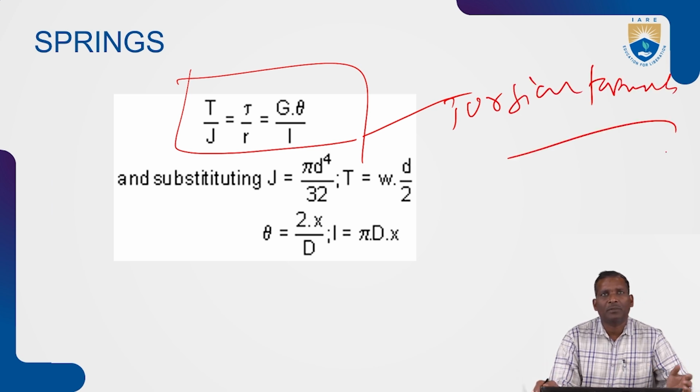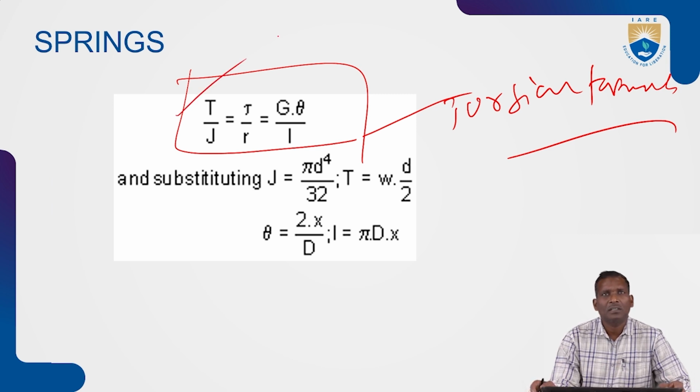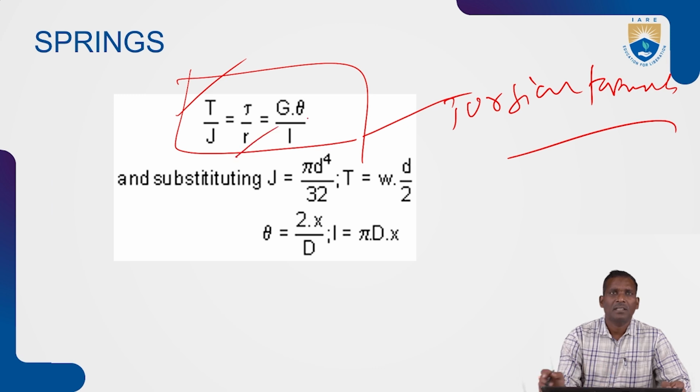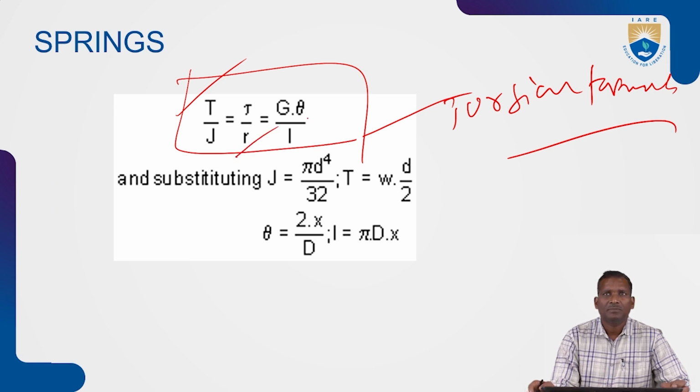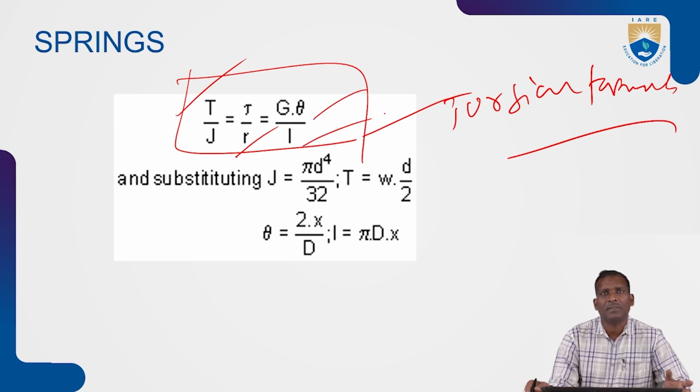In this, T is torque, J is polar moment of inertia, tau is shear stress, R is distance, G is the shear modulus or modulus of rigidity, theta is the angular twist, and L is the length.